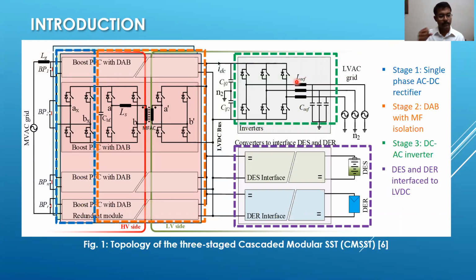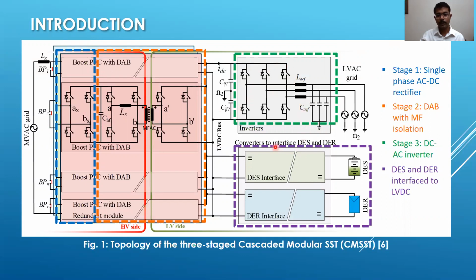So here you can see that the conversion is first from the medium voltage AC grid to the low voltage DC bus, and then the low voltage DC bus is interfacing with the low voltage AC grid using a tie converter. So the conversion is from medium voltage AC to medium voltage DC, then medium voltage DC to low voltage DC, and then to the low voltage AC.